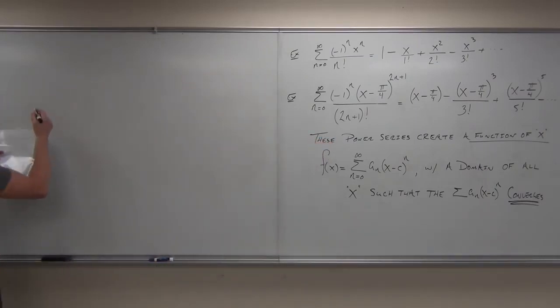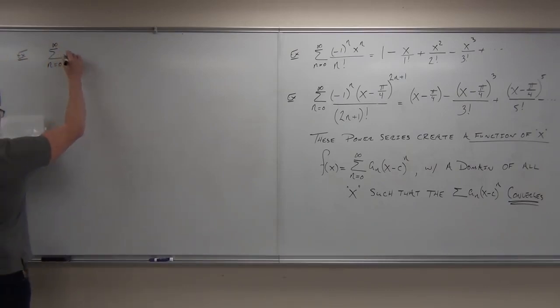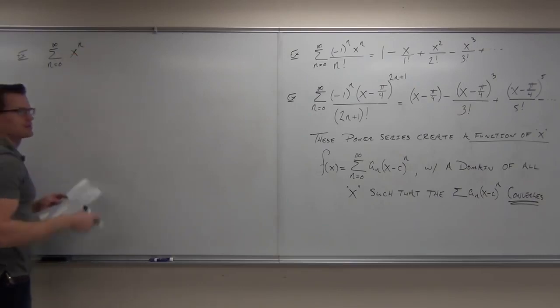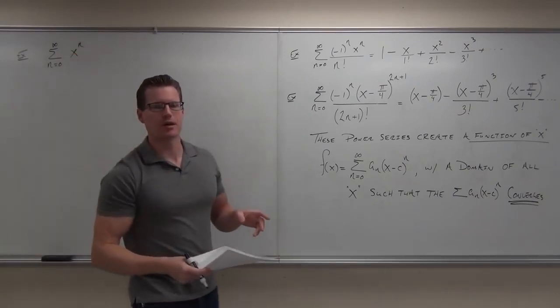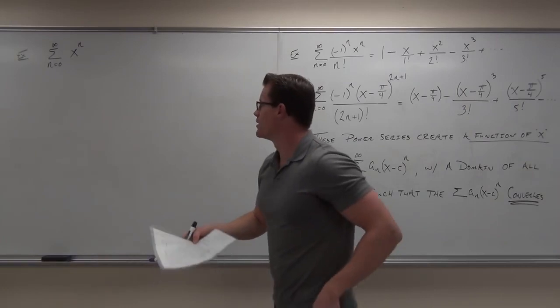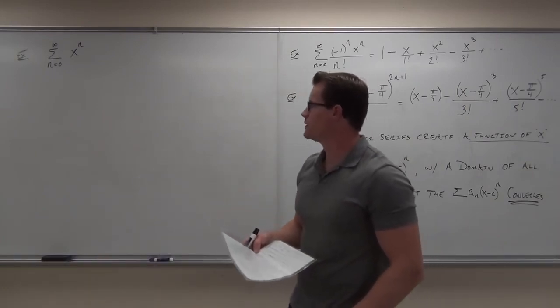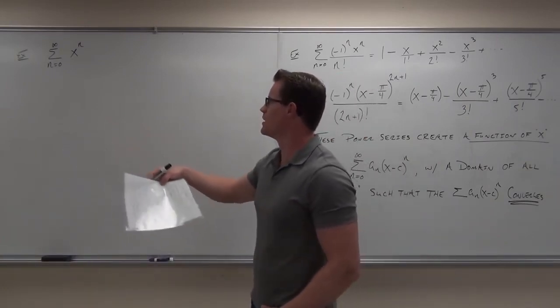That's it. Now, let's look at what we can do with it. Let's start with the most basic power series I can think of. It's just the series from n equals 0 to infinity of x to the n.